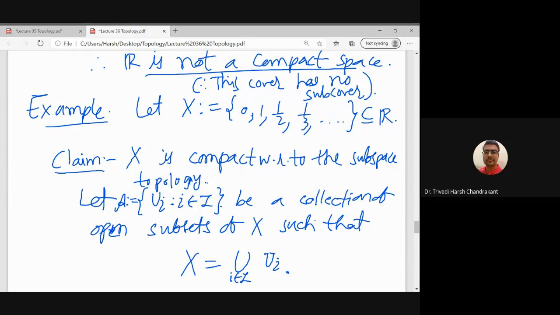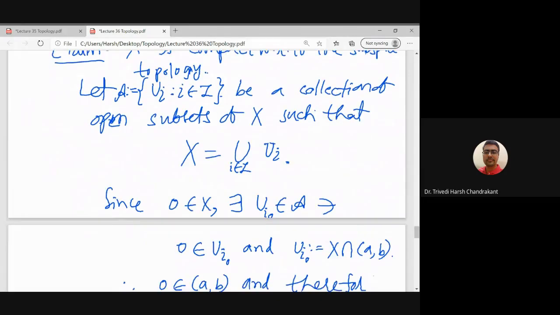The topology on X is the subspace topology as a subset of R. So basically the U_i's are open sets, where U_i is equal to an open subset of R intersection X. That is basically the open set in the subspace topology.